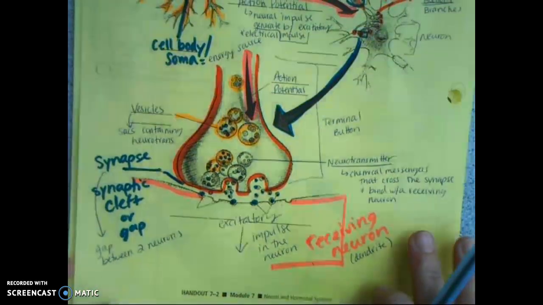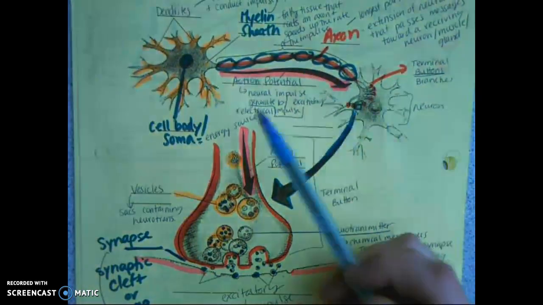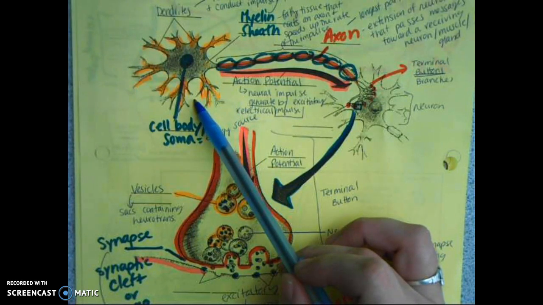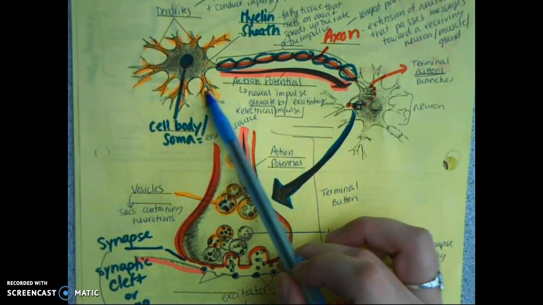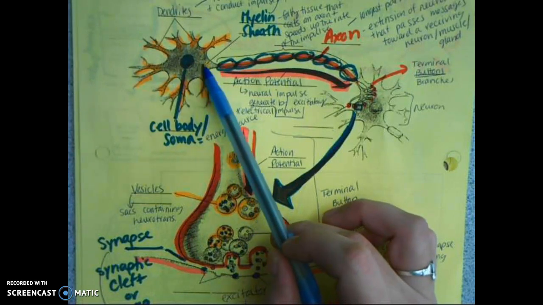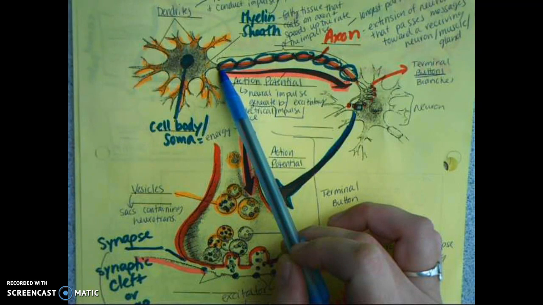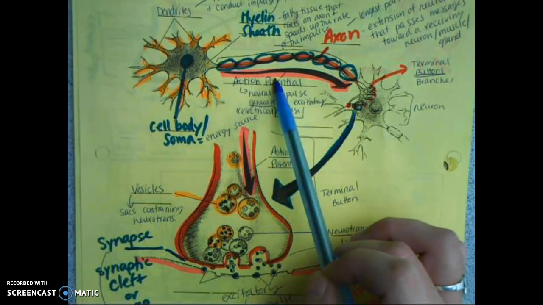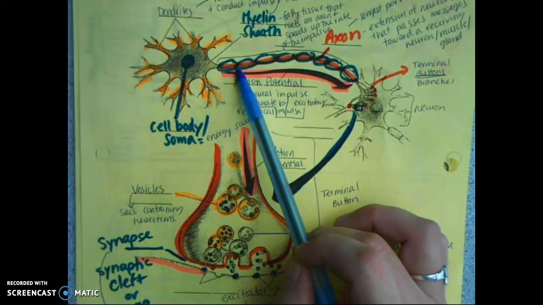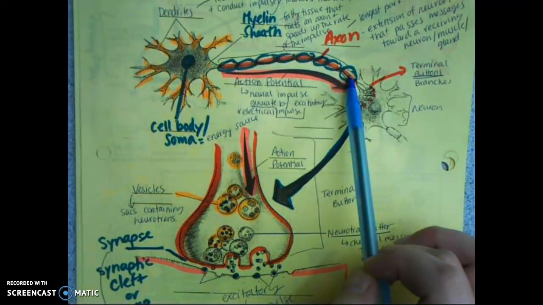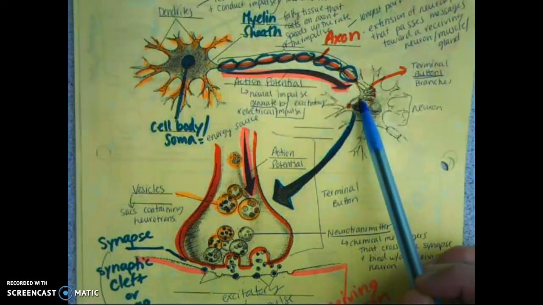So once again, kind of a little quick recap. Dendrites are the part of a neuron that receive information. Okay, so it's going to receive the information, it's going to funnel it towards the cell body, and the cell body is going to funnel it towards the axon. The axon is going to create an action potential. An action potential is a neural impulse that is the message, right? The message is this electrical charge. It's going to travel down the axon, which is encased in myelin, so it's going to go faster, and it's going to move into the terminal button.